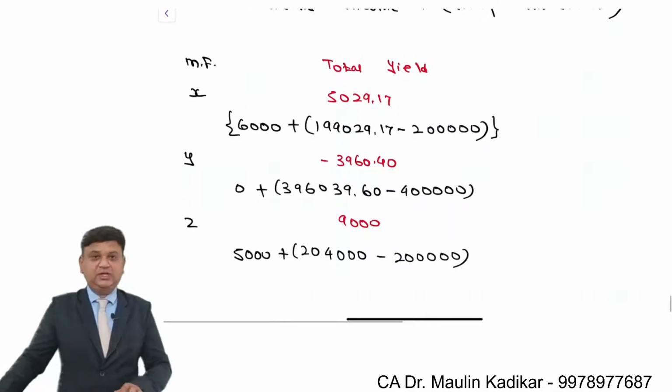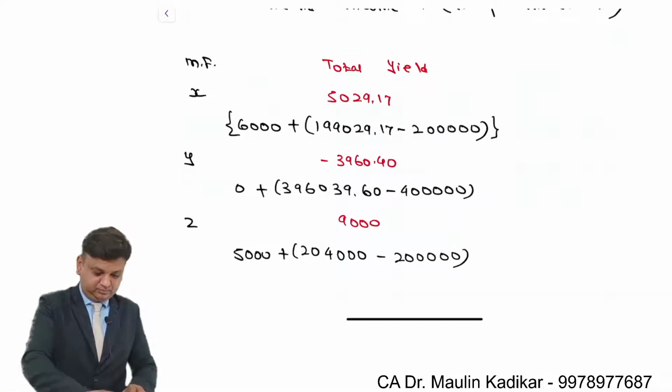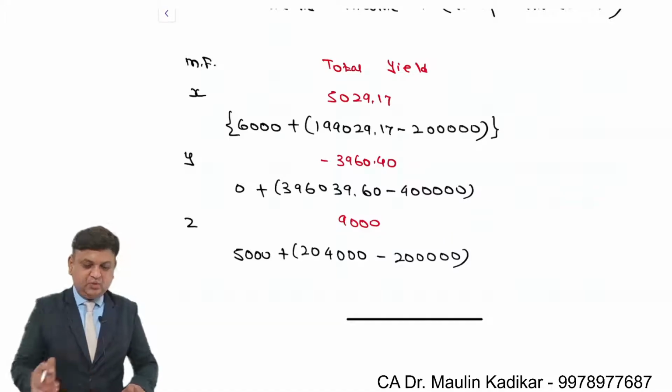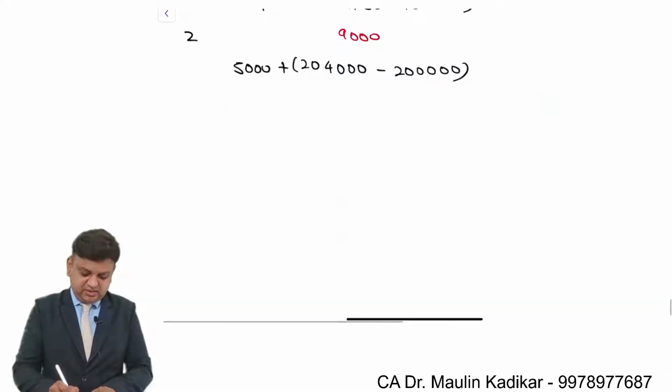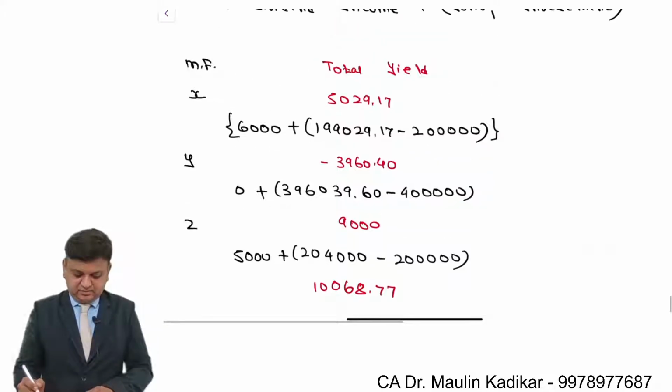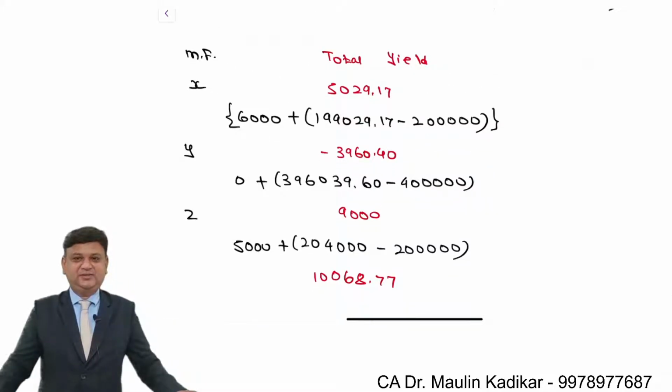That is the way the total yield can be calculated. Overall, it is 10,068.77. Please write an answer.